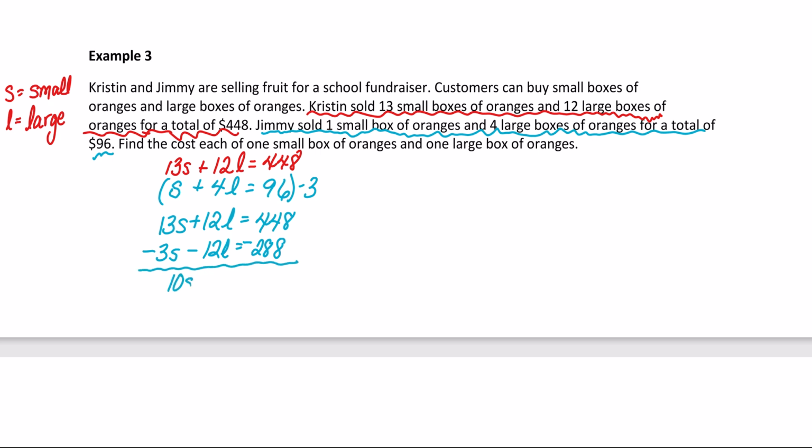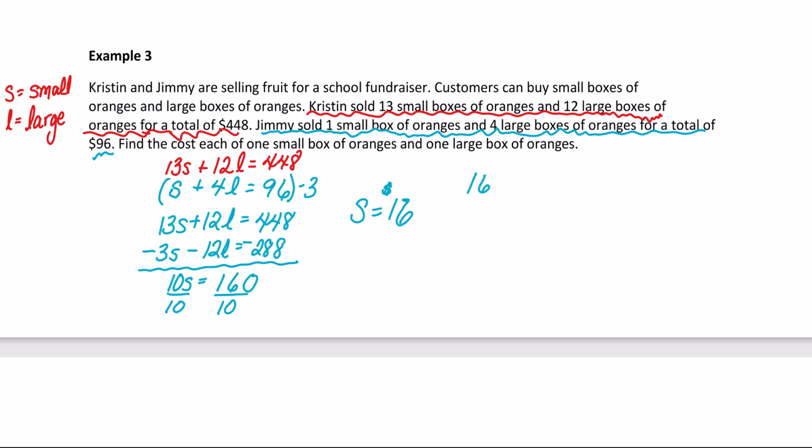So 10S equals 160, and divide by 10. So the price for the small is $16. And the price for the large, then, let's go ahead and plug that in here into Jimmy's because he has the least amount.